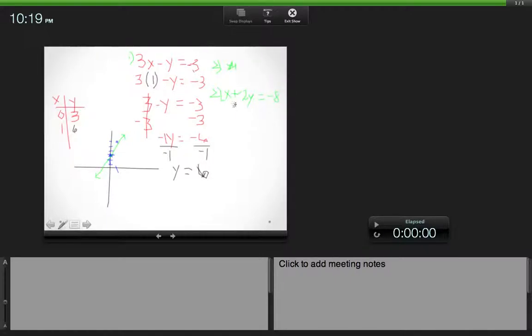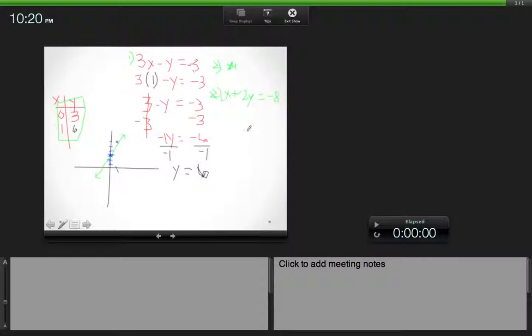And so then what I did over here with the XY table is exactly what you're going to do with equation 2. You'll make the XY table and find 2 pairs of points like I did, and then draw that line. And where the 2 lines cross, if they do in fact cross, will be the solution to your system.